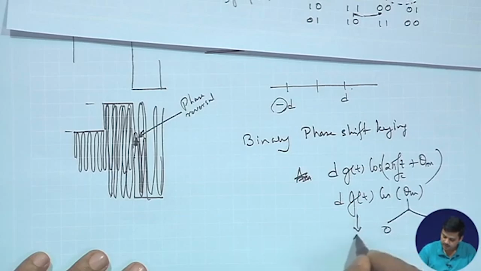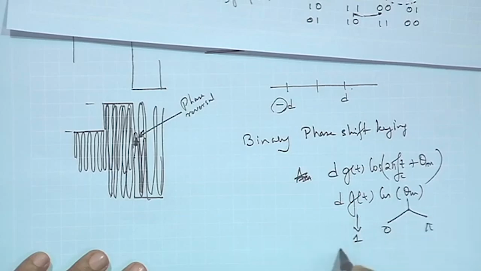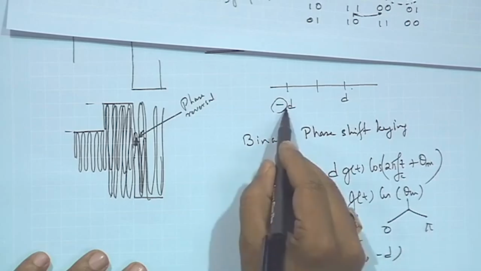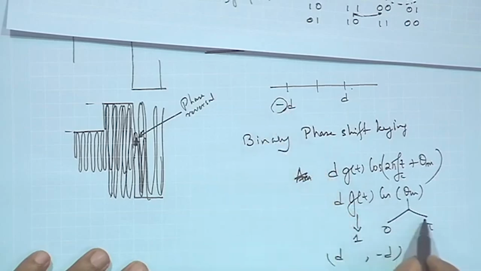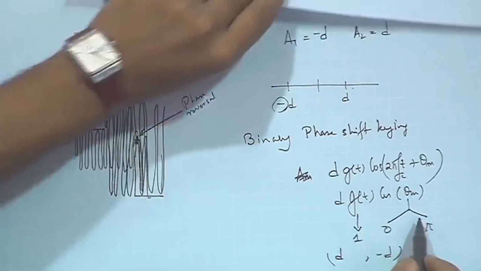For 0 you are going to get a d, for pi you are going to get a minus d, which is the same as this. You are going to encounter this at some later stage. All I want to point out here is, although we have discussed PAM at a very special case where M is equal to 2, the PAM would look very similar to binary phase shift keying, which we will start discussing in the upcoming lectures. Thank you.